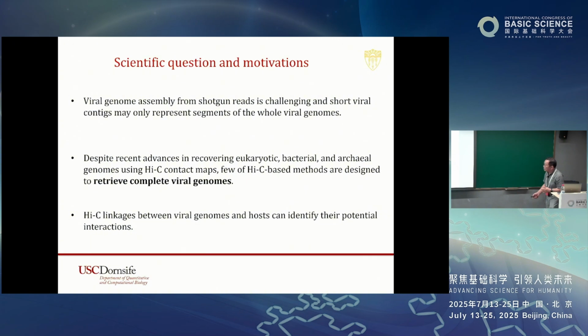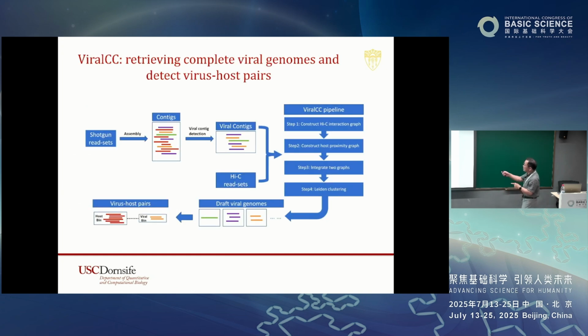So, if you understand what I just talked about, he used those host contigs as a mediator to link those viral contigs, and he integrated the graph from the direct linkage plus the host-mediated contig graph to get a unified graph, and then did the graph clustering again. You can see here it's the same thing.